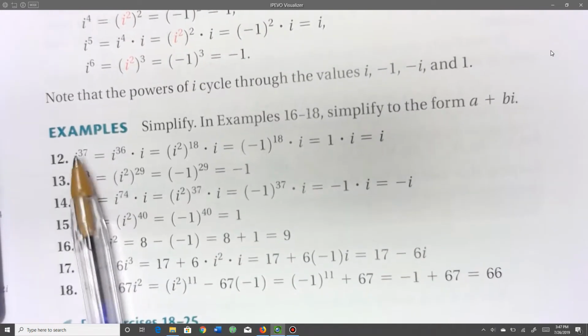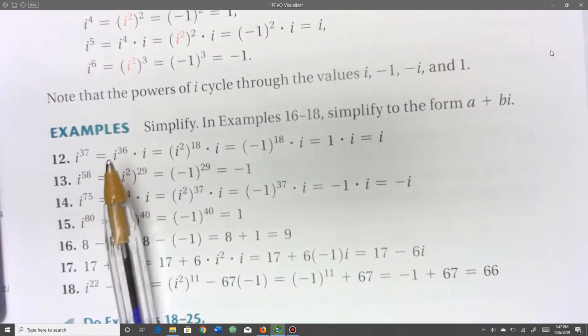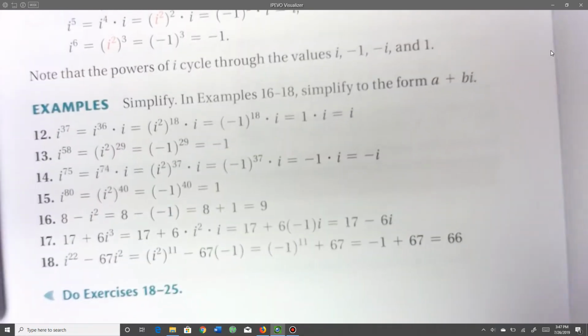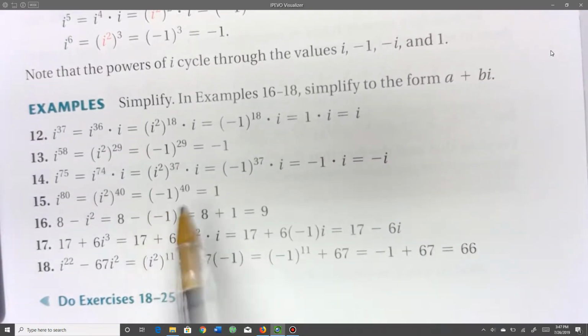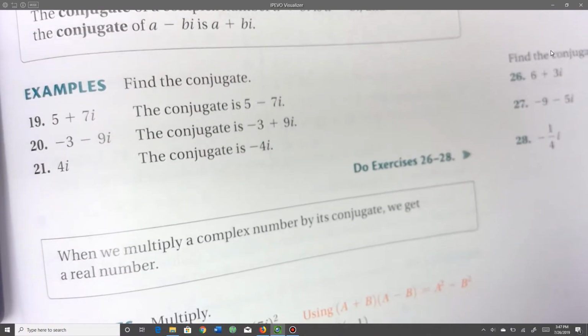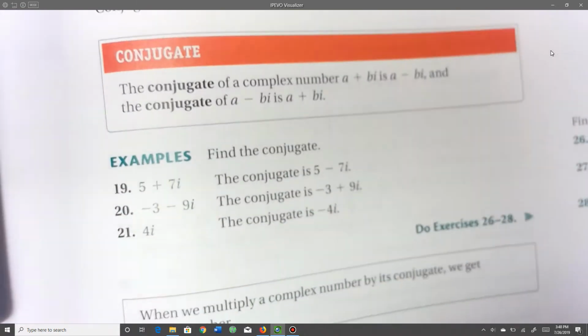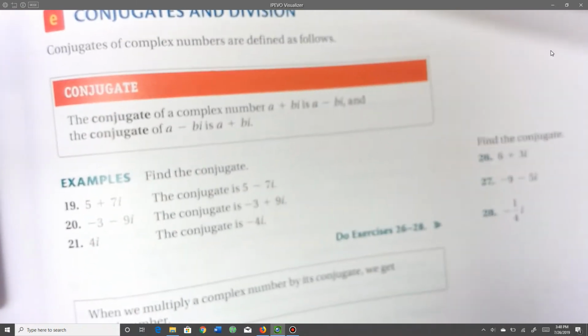So it might give you big values like this. But if you do and you can't remember the rules, think about the rule i squared equals negative 1. You should be able to answer any question with just that information.